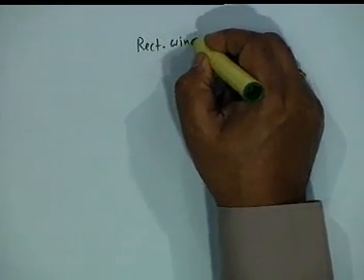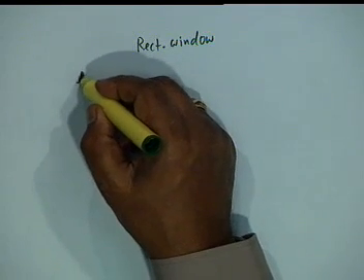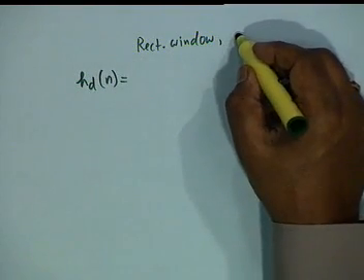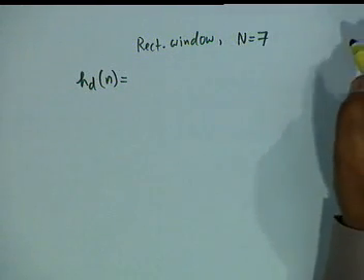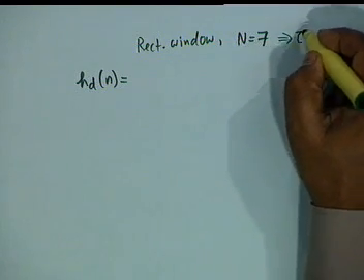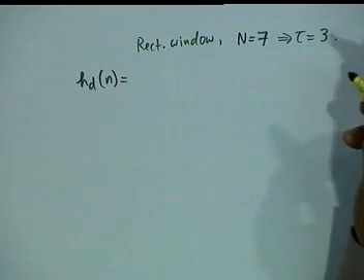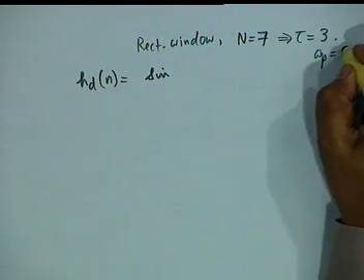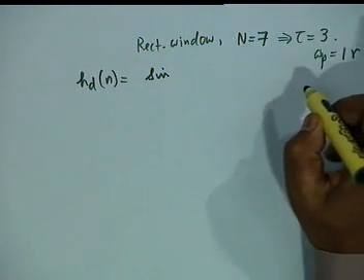Now, therefore, if we use a rectangular window of length, let us say 7, which means tau equal to 3, and hd of n should be equal to sine of, let us say, omega p equal to 1 radian, not 1 radian per second, 1 radian.